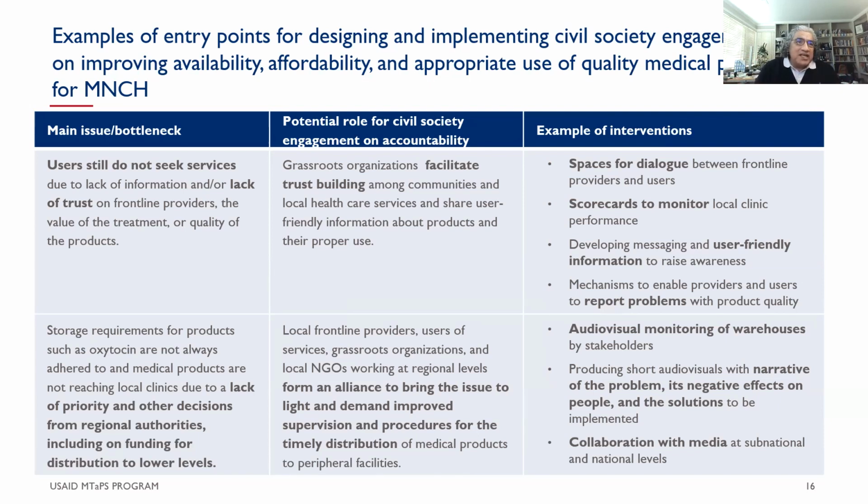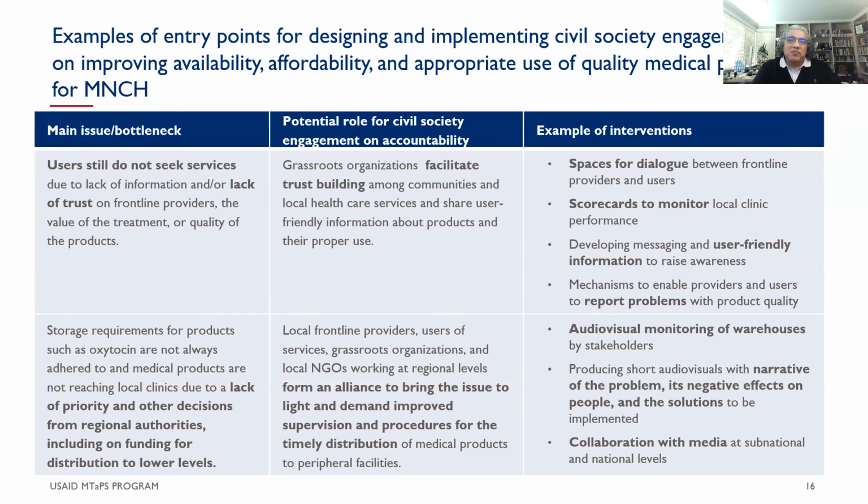Another example is when the problem of stockouts at the periphery is not because the medicines are not there. In many cases the medicines are in the warehouses. But the process to move the medicines from the warehouses to the periphery may not be happening, it may be suffering delays, or it may not be given priority by those in charge of taking those decisions.